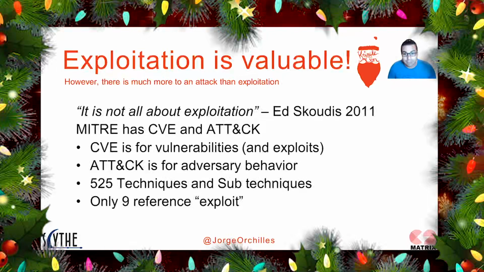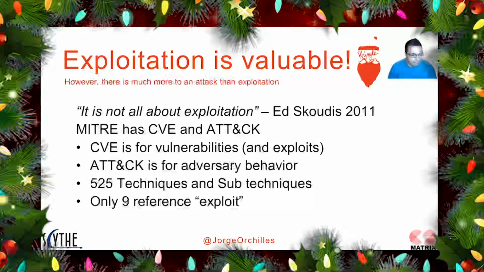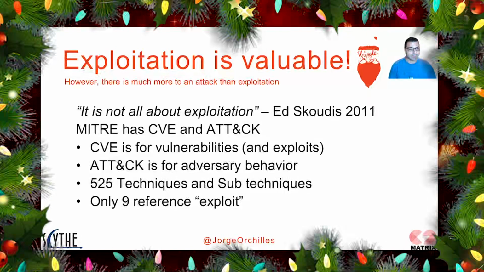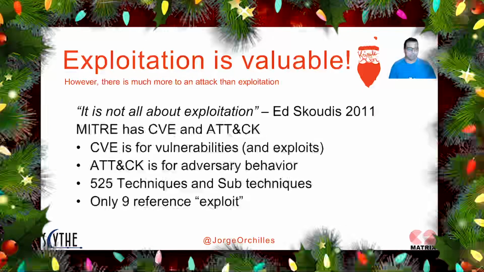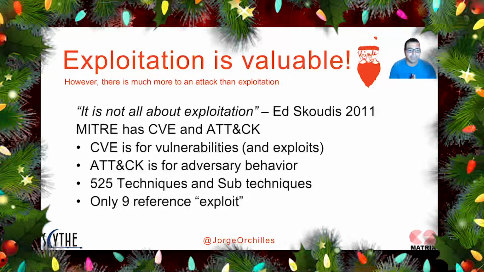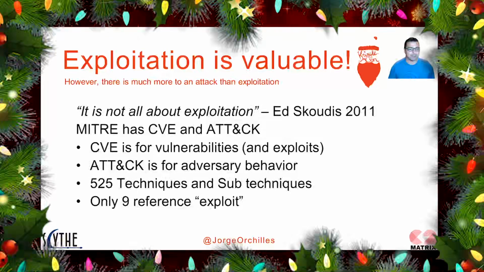And I actually counted them. There's 525 techniques and sub-techniques and the 12 or so tactics. And if you do a search for the word exploit, it's only referenced in 9 of these techniques and sub-techniques, meaning that there's a lot of adversary behavior that does not rely on exploits.